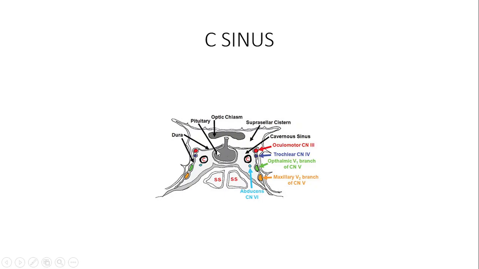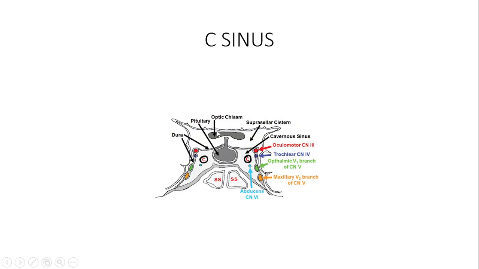The sella turcica contains a very important structure, the pituitary gland. It produces a lot of hormones, with hypothalamic influence.